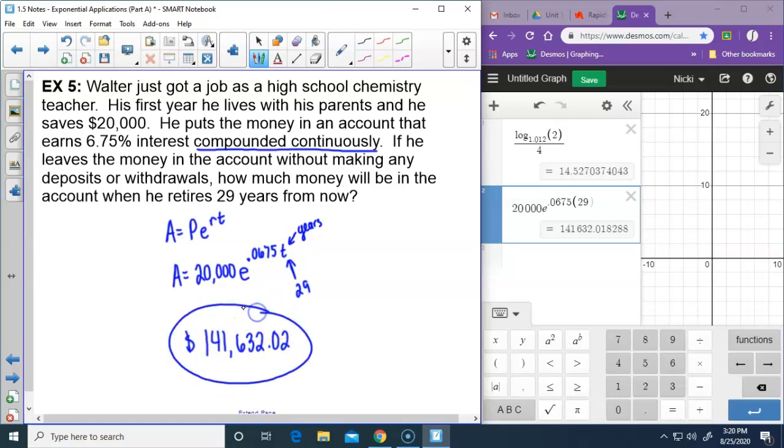So if Walter was able to do this and able to find an account that would give him that sort of interest, then he would turn his $20,000 into $141,000 in that time, and he wouldn't have even had to sell meth and quit his job as a teacher like Breaking Bad. So there's our answer to that problem.